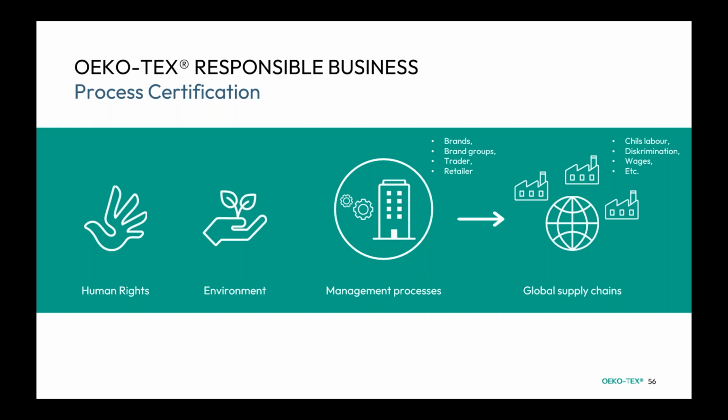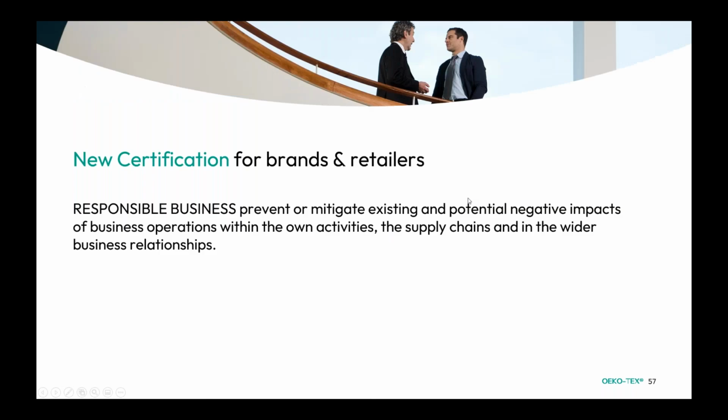And the purpose here is to understand the risks in the supply chains and to stop or at least mitigate those risks. So this is a new certification for brands and retailers.